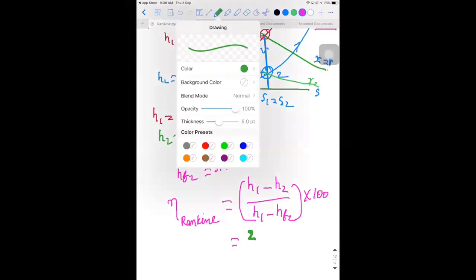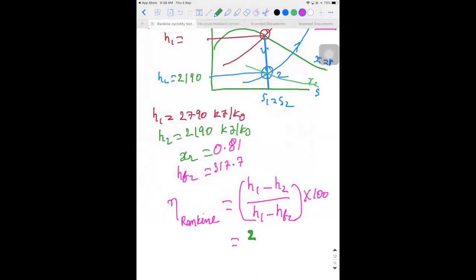So 2790 minus, yes sir, 2190, divided by H1, 2790 minus HF2, 317.7, into 100.